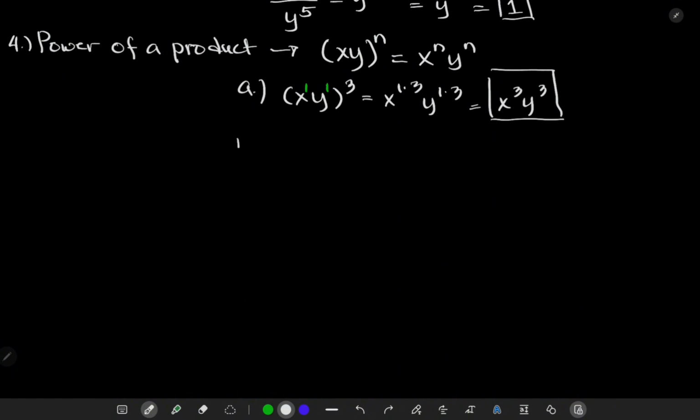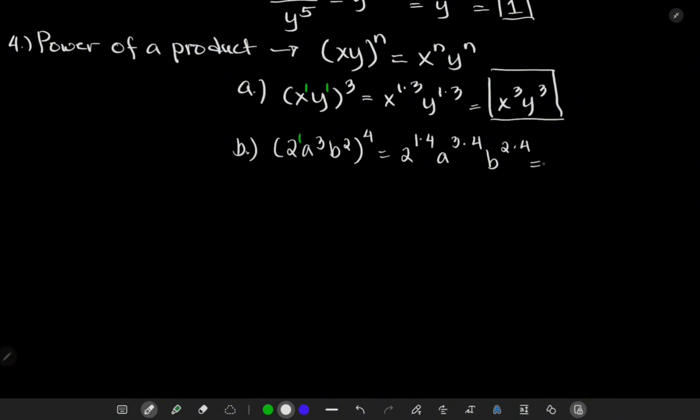Now how about if we have a numerical coefficient? So let's say if we have the quantity of 2a cubed b squared raised to the fourth power. So first, imagine na may invisible one na exponent, c, 2. So that is equal to 2 raised to 1 times 4, a raised to 3 times 4, and then b raised to 2 times 4.